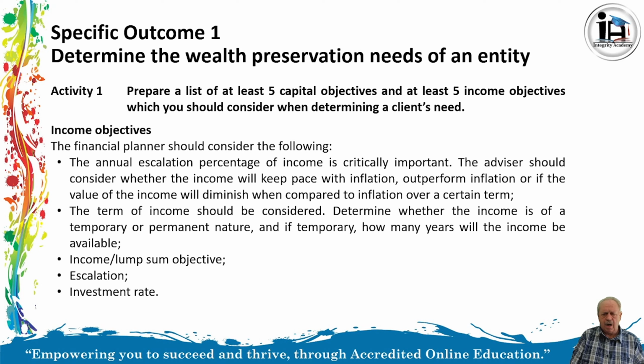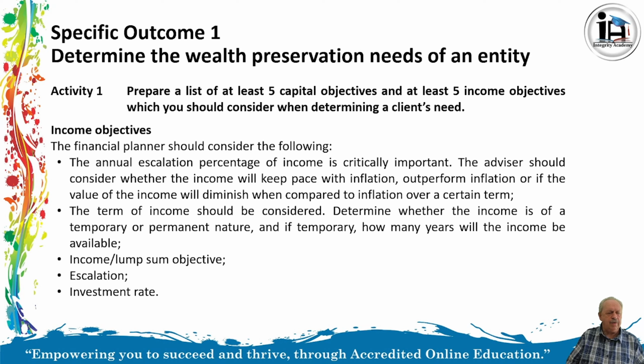But remember, the higher this escalation is, the more dangerous it becomes for the client, because the higher the amount that you withdraw from your cash or your capital, the less your capital is going to become over time, and eventually you're going to deplete all your capital. So the advisor should consider whether the income will keep pace with inflation, outperform inflation, or if the value of the income will diminish when compared to inflation over a certain term.